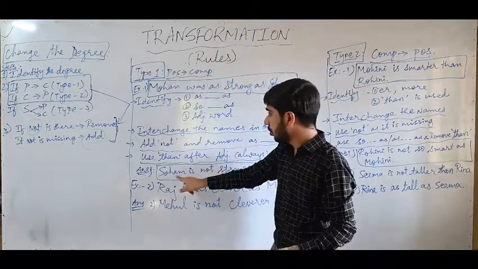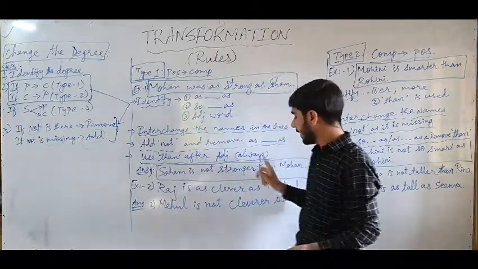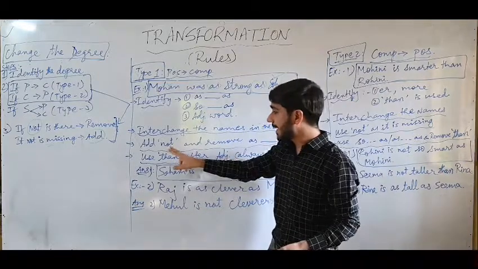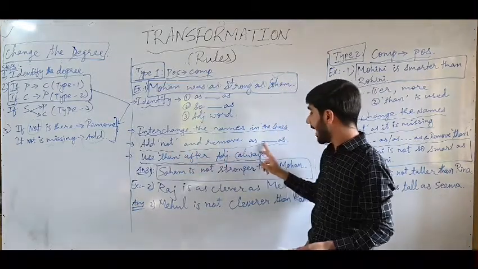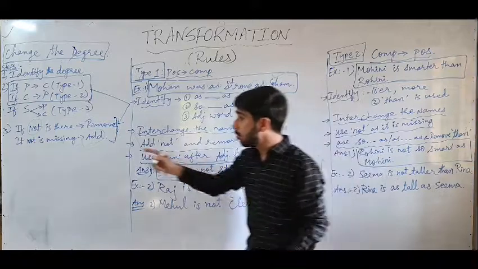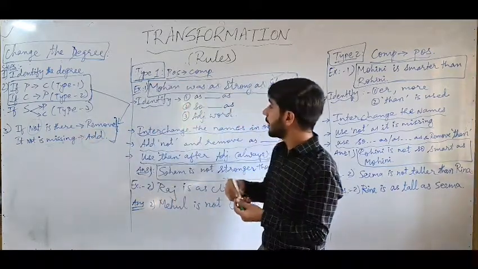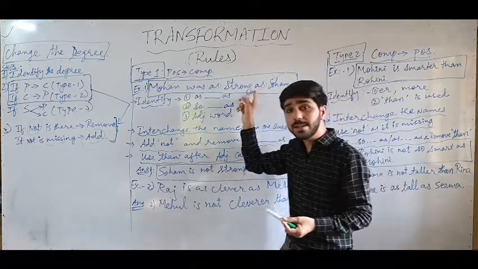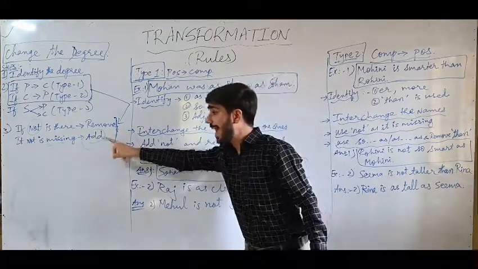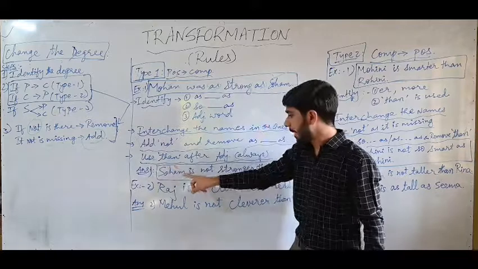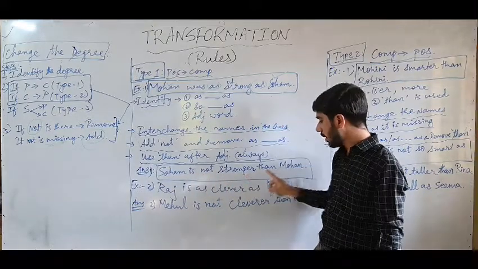Now second step, add not and remove as dash as. Why? As I told you, if not is there, remove, and if not is missing, then add. So in this question, the negative word not is missing. So we have to add the word not. Soham is not stronger than Mohan.